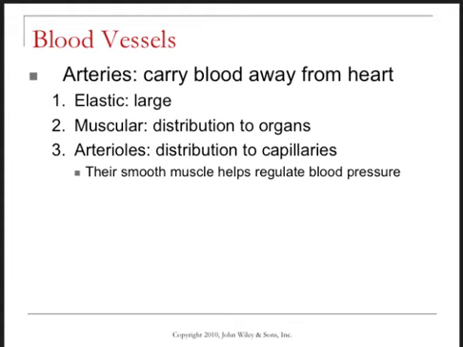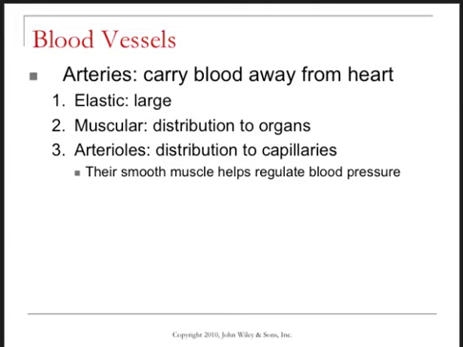The smooth muscle that's present in the arterioles also helps to regulate blood pressure. And how does it do that? It does that by either receiving increased or decreased what we call sympathetic tone.